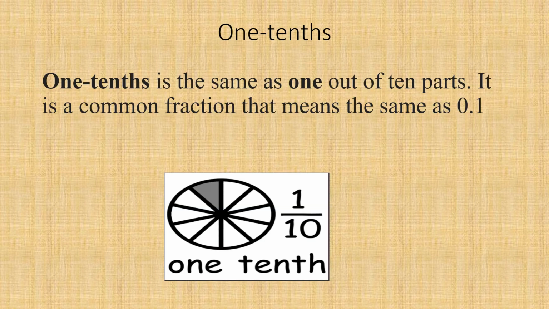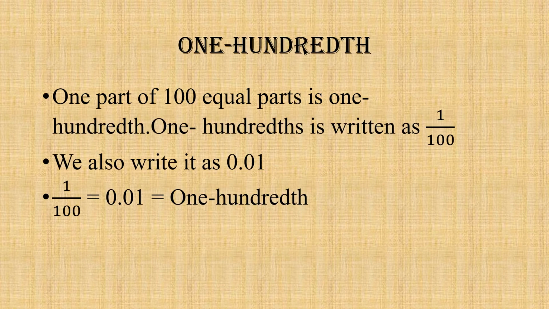1/10. 1/10 in decimal is the same as 1 out of 10 parts. Here the numerator is 1 and the denominator is 10. That means we are taking one part out of the 10 parts. Similarly for 100, we take one part of the 100 equal parts and it is written as 1 by 100.